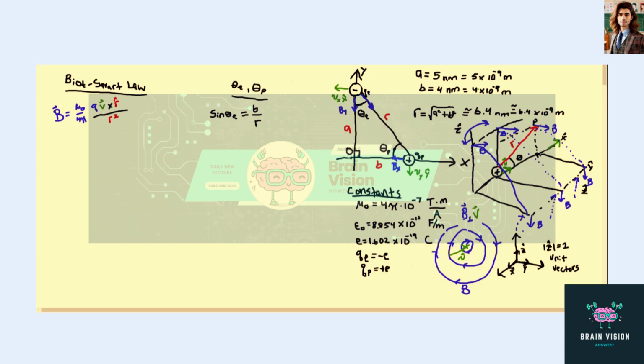We know that the sine of this angle, which is our electron angle, is equal to B divided by our hypotenuse R. So we can write theta of E is equal to the inverse sine of 4 nanometers divided by 6.4 nanometers.